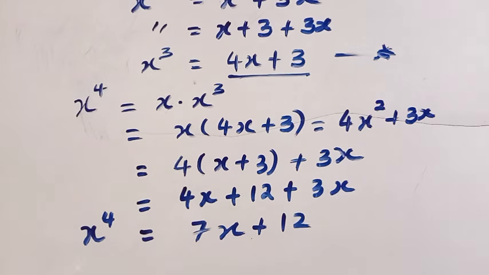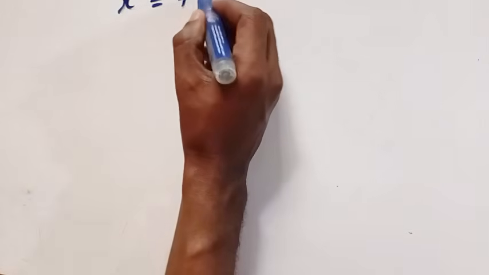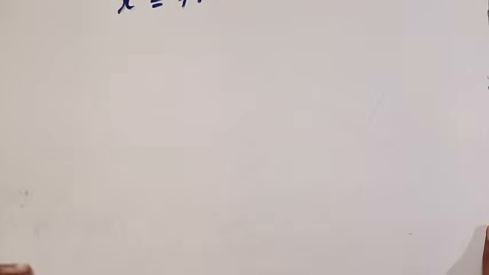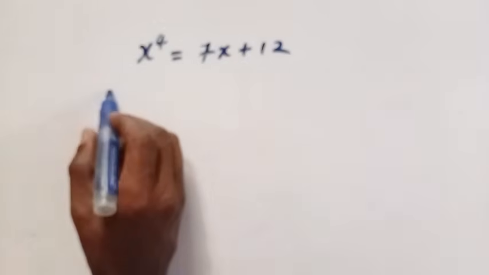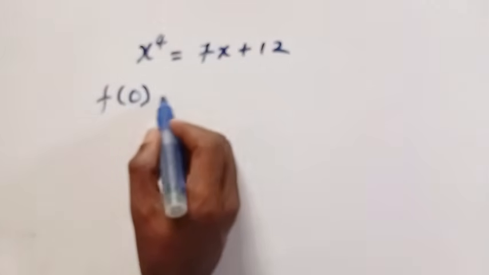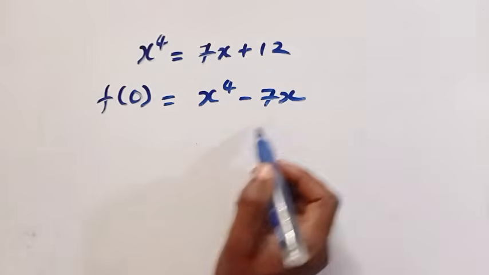Now we can put these two together. We get x power 4 equals 7x plus 12. But what we have is f of 0 equals x power of 4 minus 7x.